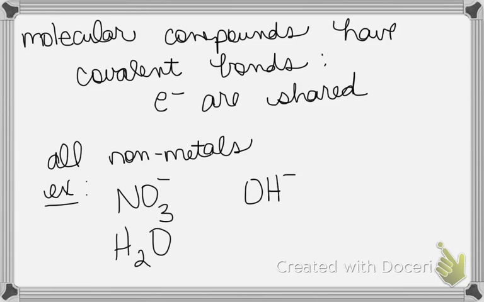What we will draw for covalent bonds and molecular compounds, like if X was one of our elements and Y was another element, is a line between them, and that line is the bond. That line represents 2 electrons.